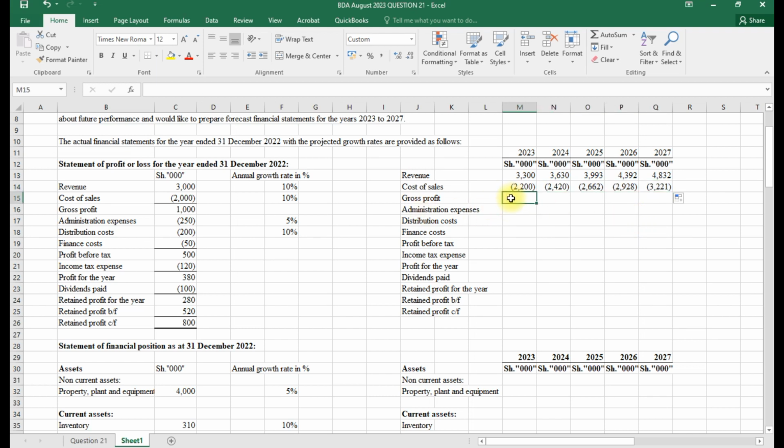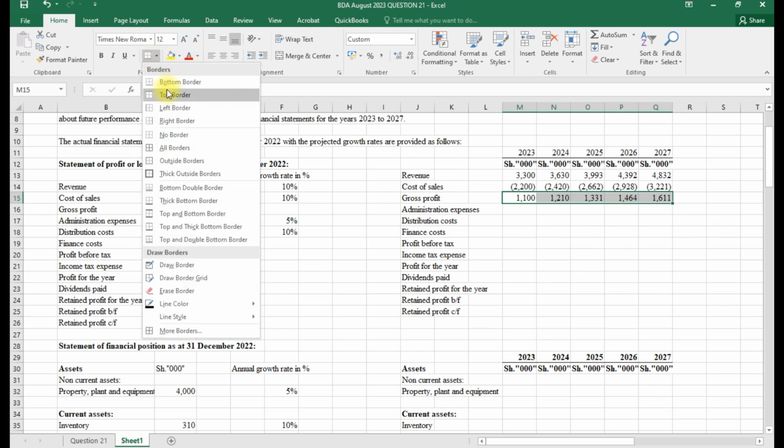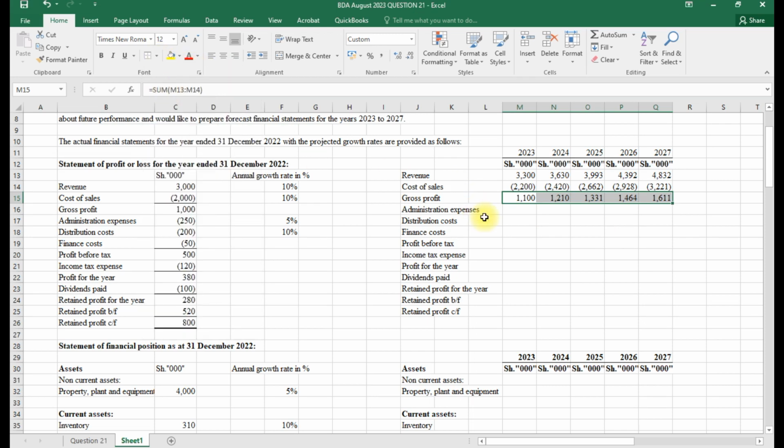And to get our gross profit, we'll just put alt equals the sum of the two, and you drag this that way, and I'll put my top border there, and I'll bold that. That will be our gross profit for that particular 5 years.